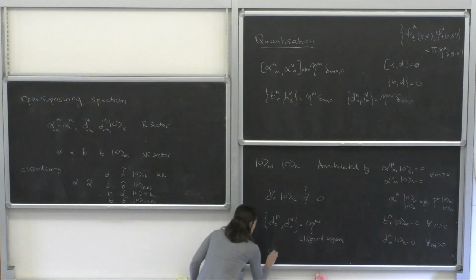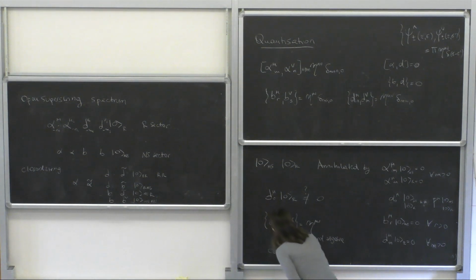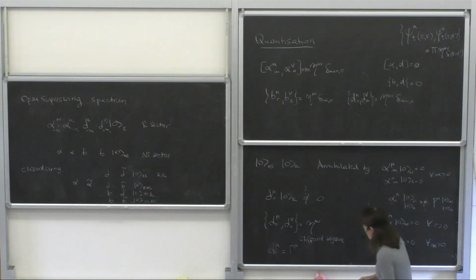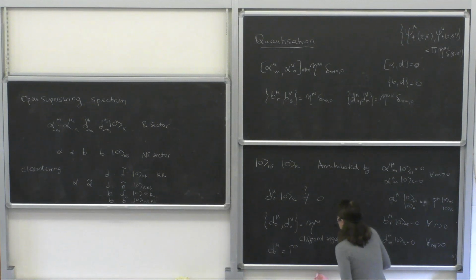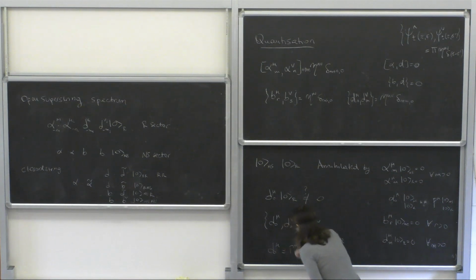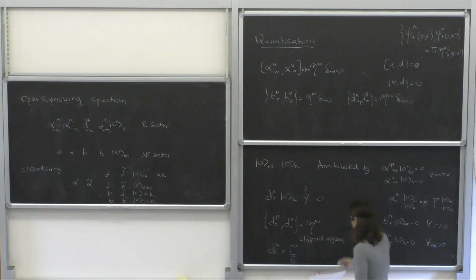So d_0^mu I can put equal to gamma^mu divided by the square root of 2, or some factor, because these are Dirac matrices.